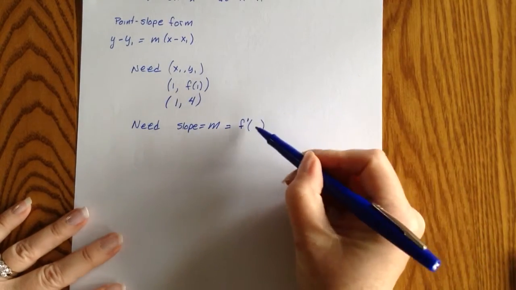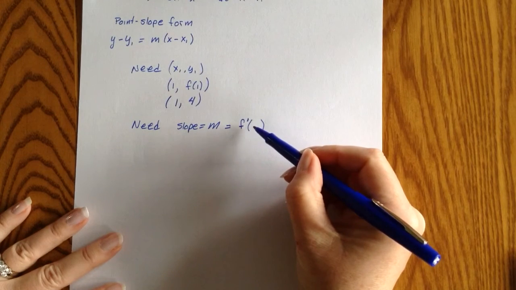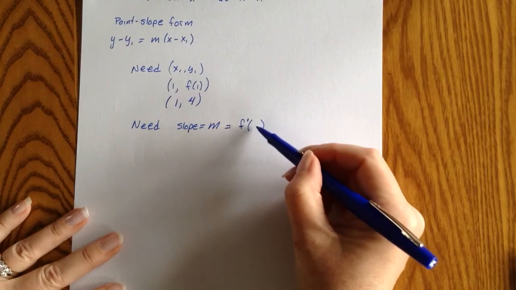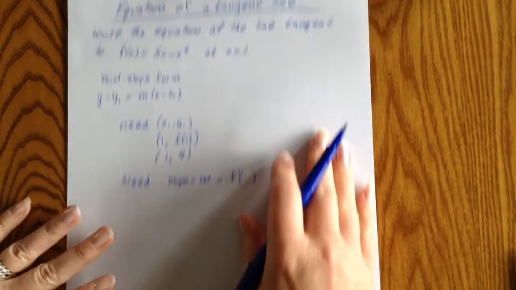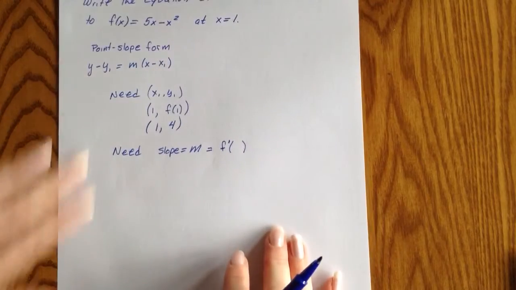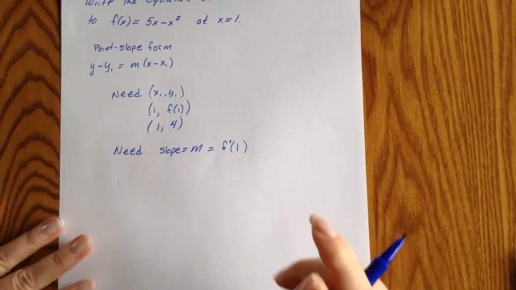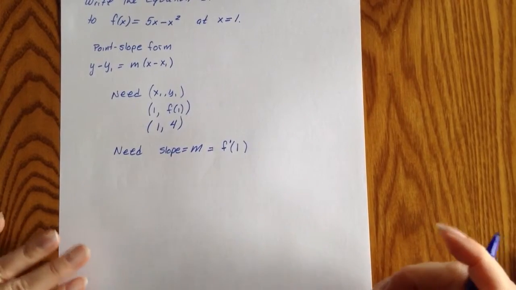We're going to find the derivative with just plain x first, but keep in mind that eventually, after we find f prime of x, we are going to want to find the slope at the value of 1. I'm going to put the 1 here. However, we're going to start by finding f prime of x, the derivative of the function.